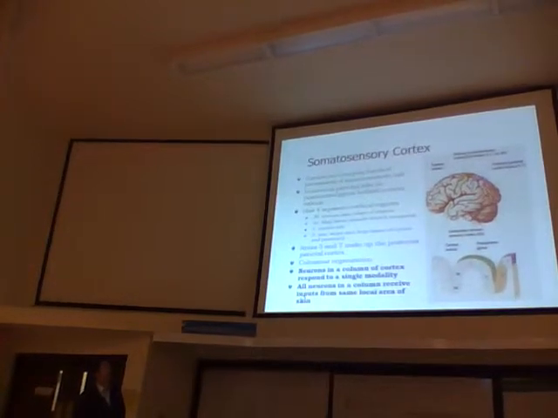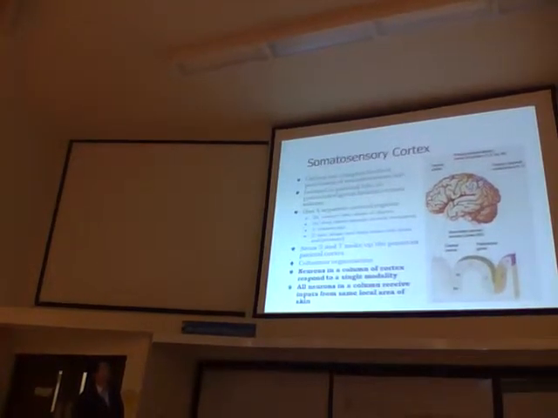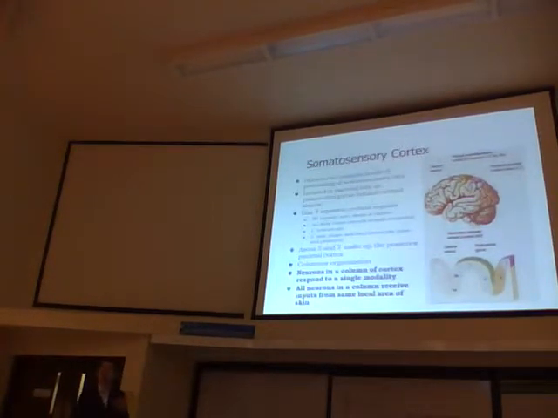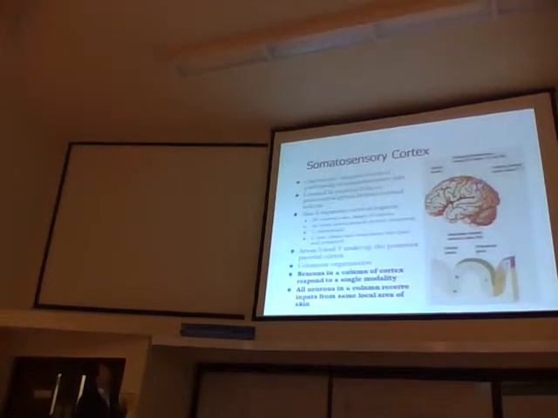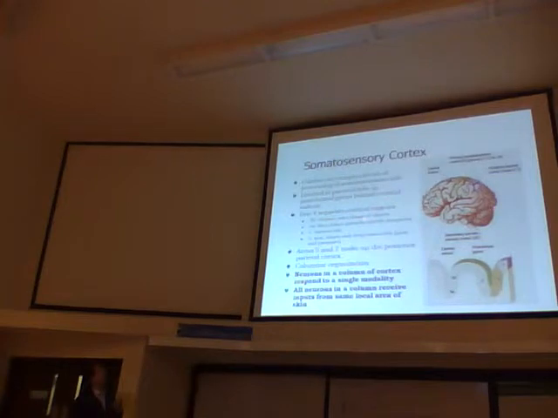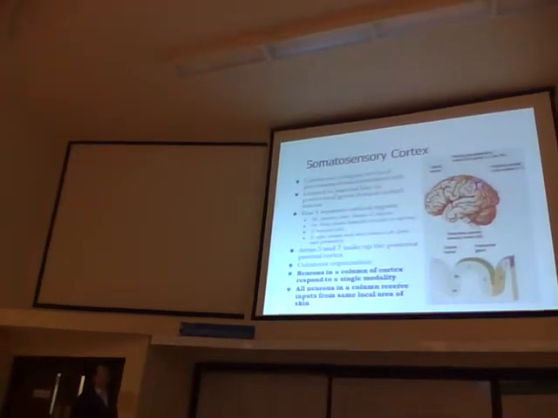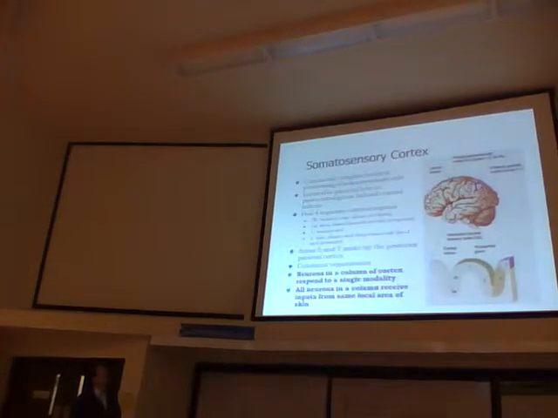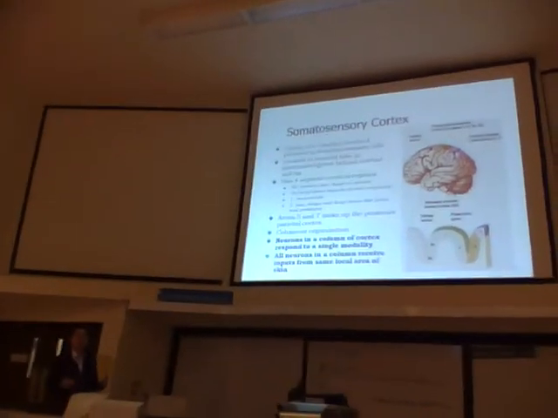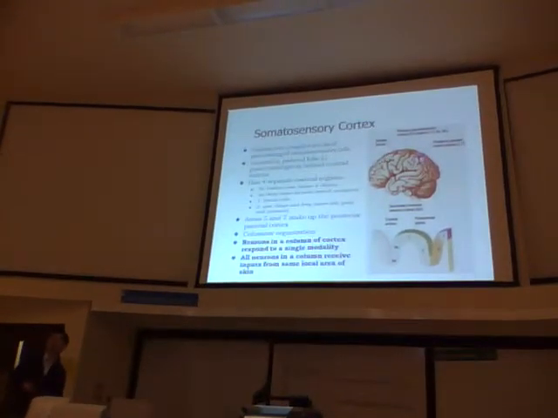And there are neurons within each one of these subsections that will respond to certain types of objects. So the neurons in 3B will respond and encode information on texture, size, and shape of objects. 3A deals with muscle stretch receptors from deeper tissue, such as muscle and connective tissue.